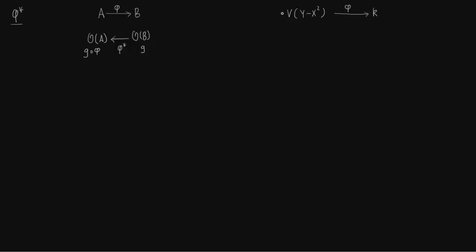So this map phi, obviously the elements, so we have the set A and B. So the elements of the vanishing set y minus x square are of the form x comma y, where x is say t and y is obviously then t square. So we have x and y here, elements of K2 getting projected onto x, just like in previous slide. So let us write this down.